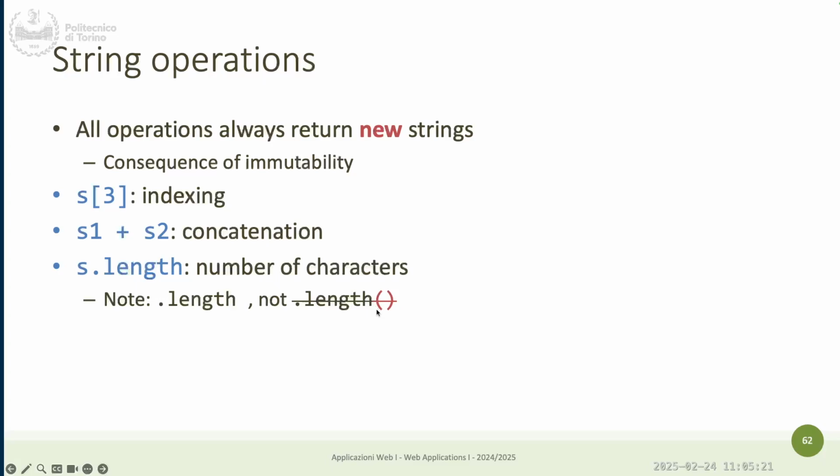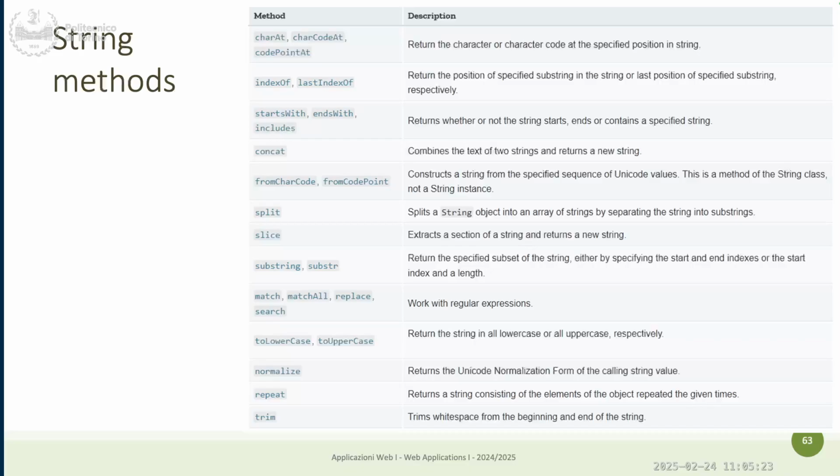It doesn't work. And then we have some methods for creating modified versions of strings. So, okay, charAt is usually not interesting because it's the same as indexing a character at a given point.